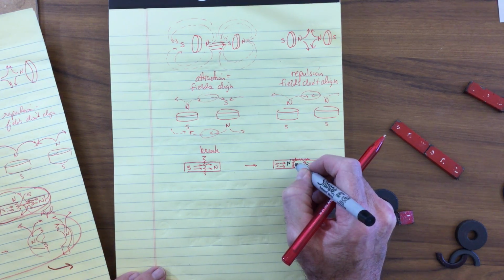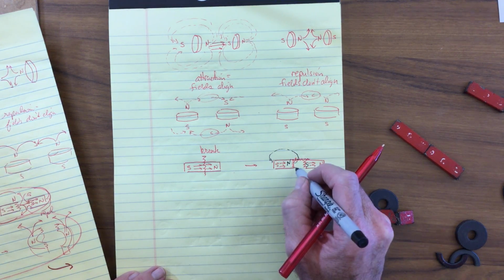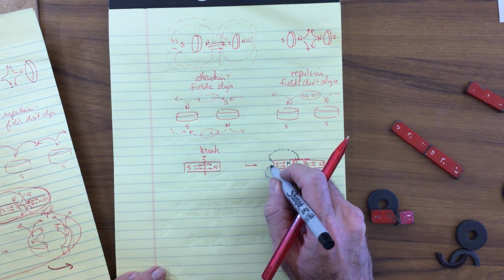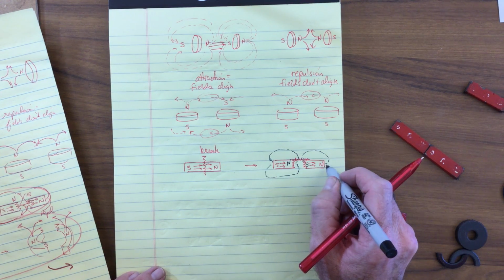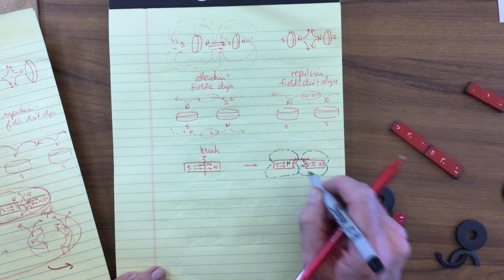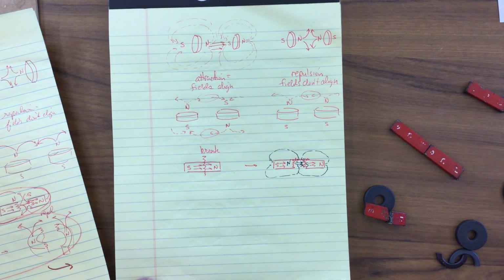They will each then have their own magnetic fields like this. And again, there will be this aligning of the fields in between, and they'll be attracted.